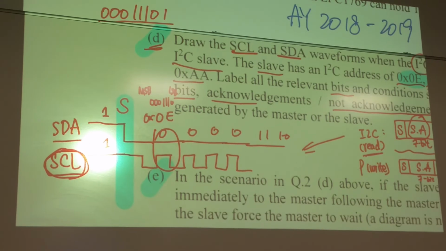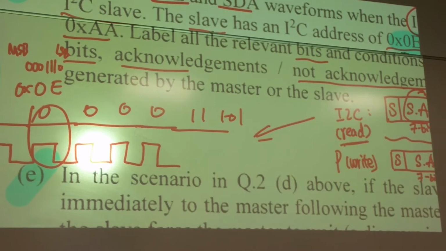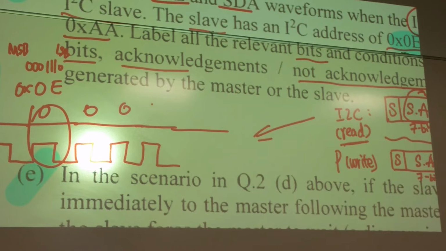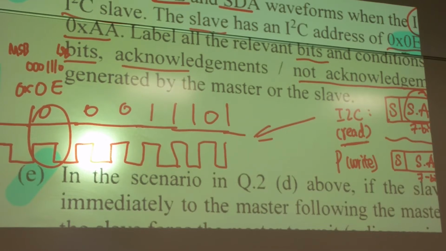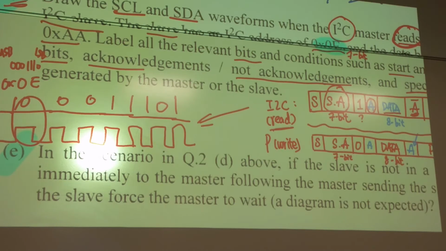I will draw it here: 1, 1, 1, 1, 1, 0, 1. So you have a clock during each of these bits. Then what follows that?